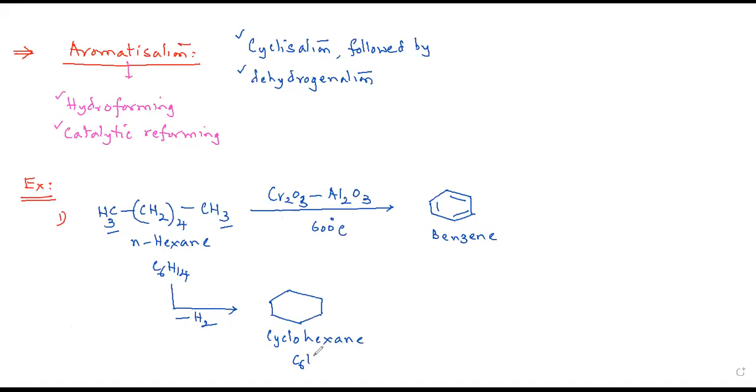During cyclization, we get this. Now this undergoes dehydrogenation. You can just remove two hydrogens from these two carbons. You get a bond in between them. Then these two. Then these two. That is how you get benzene.